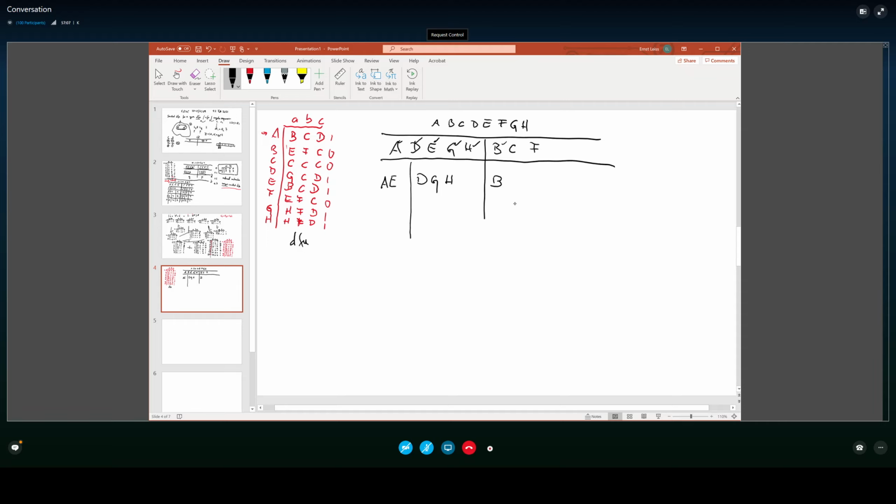So you don't really have to check whether they're in the same equivalence class, because they're the same. You can go through the motion, and obviously you have H here, and H here, and they're in the same equivalence class, and then you go on. Then you have F and F, they're in the same equivalence class. Then you have D and D, they're in the same equivalence class, and therefore they stay together.